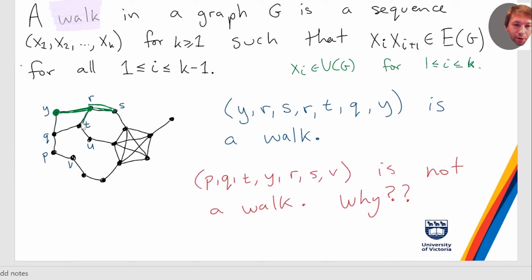I go over to t. This picture is really messy. I go over to q and go back to y, right? That's a walk because everything I did went along the edges. If I take p, q, t, y, r, s, v, that's not a walk, for example, because of this pair, right? You can't get from t to y in one step. There's no edge. So that's why it's not a walk.